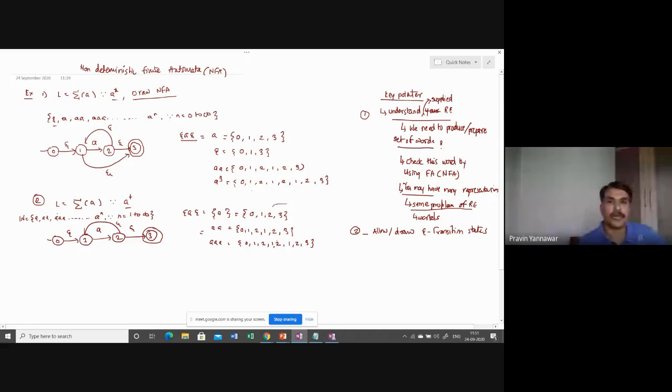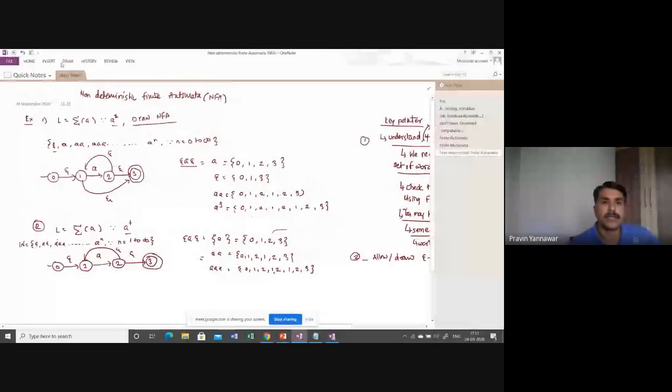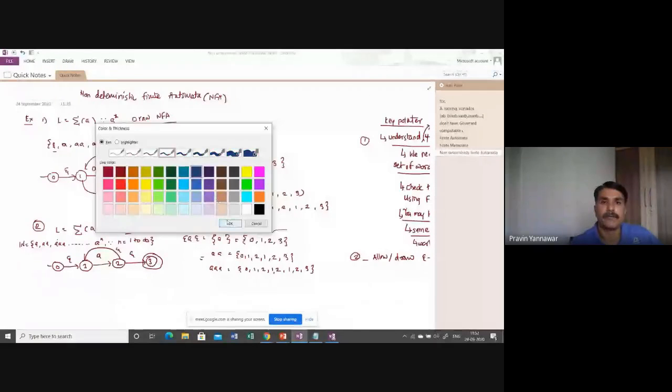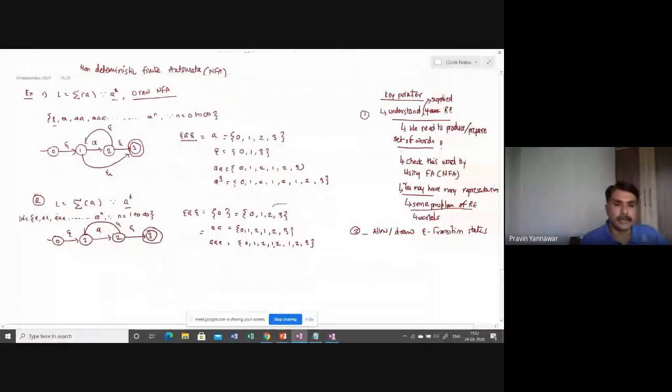Now, what is the important point? Let me tell you the important point with respect to this using some different color so that you can understand in a much better way. Important: where you add epsilon states.